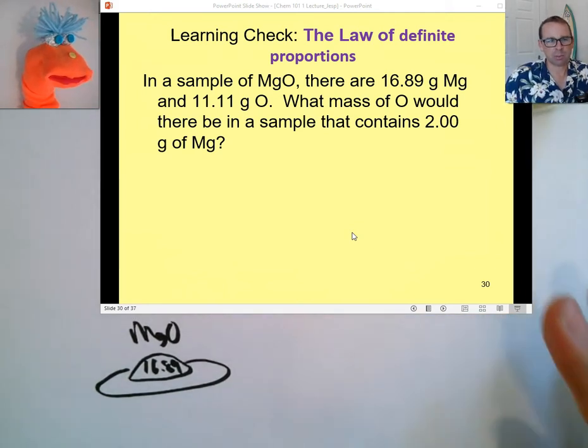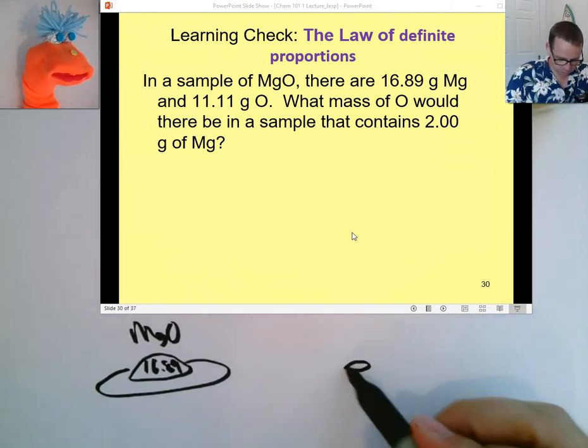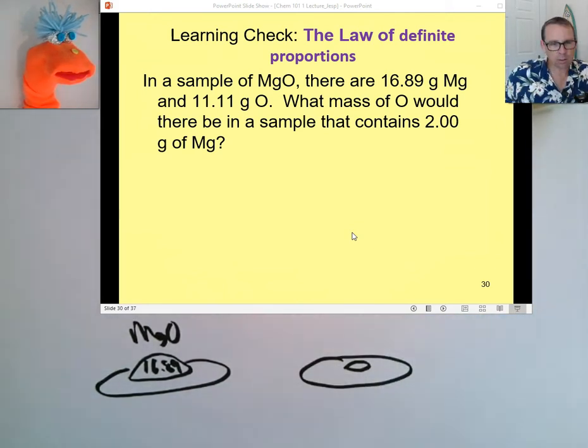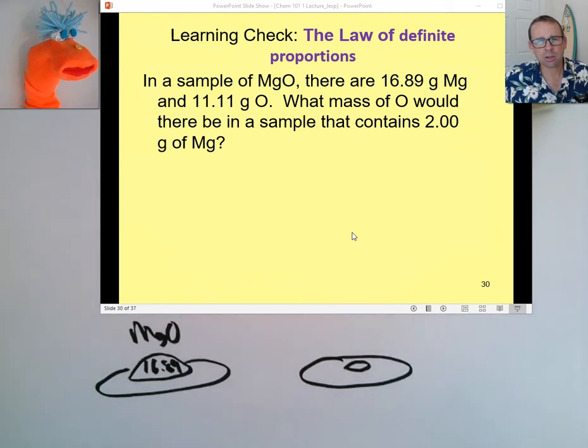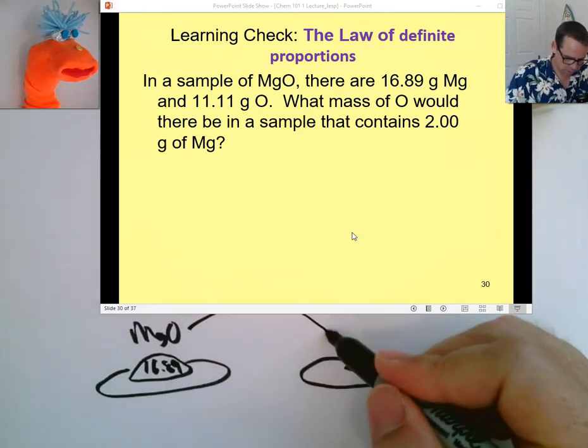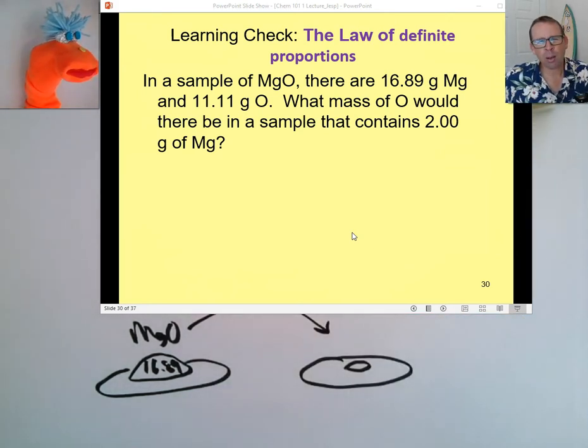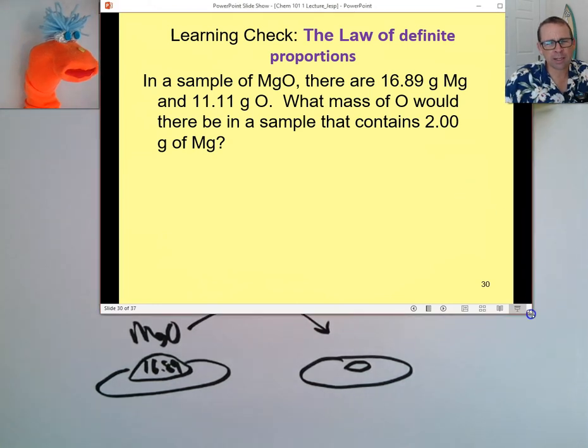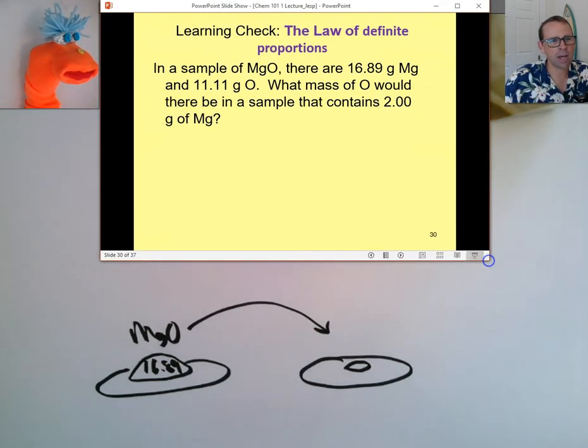And then I have another sample that only contains 2 grams of magnesium oxide. All right, same material here and here. So can I tell, if I know that in this 16.89 gram sample I have 11.11 grams of oxygen, can I determine how many grams of oxygen I would have here?